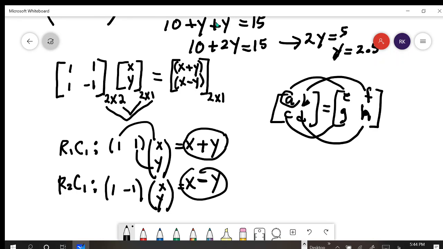So this element is in row 1 and column 1, and this element is in row 1 and column 1, so they have to be the same, and the rest of them. So two matrices are equal if the corresponding elements are equal. Okay, so how do we use this idea to solve a system of equations?